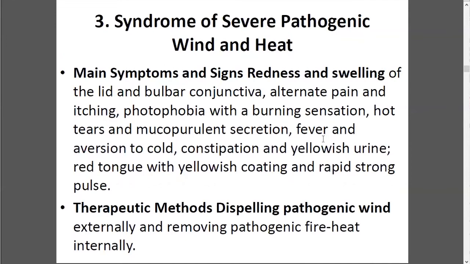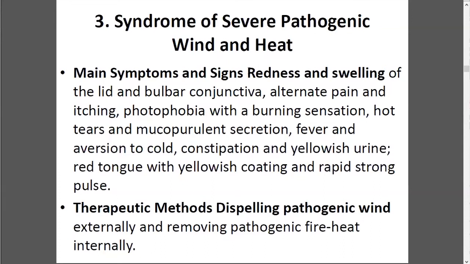Then we're talking about the next pattern. Still wind heat, but it's more severe. So when we're talking about severe wind heat, the local symptoms will be more severe.